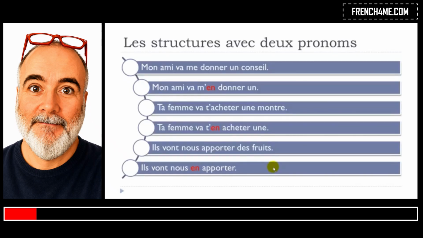When you've got one verb, whether it's simple or composed, then the pronouns are before the verb. When you've got two verbs like here, first aller, then your verb, so donner here, remember that your pronouns will come before the second verb. But the order will stay the same.